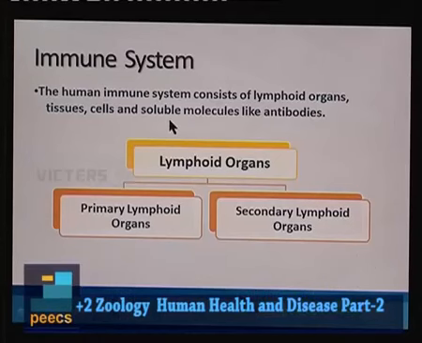Here you can see lymphoid organs are classified into two types. What are they? They are classified into primary lymphoid organs and secondary lymphoid organs. Do you know the difference between these two? Primary lymphoid organs are the lymphoid organs in which lymphocytes are produced and matured. I told you earlier, B cells are produced from bone marrow and they are matured in bone marrow itself.